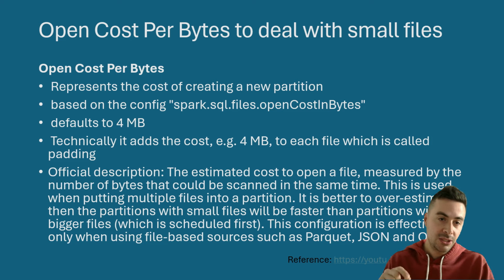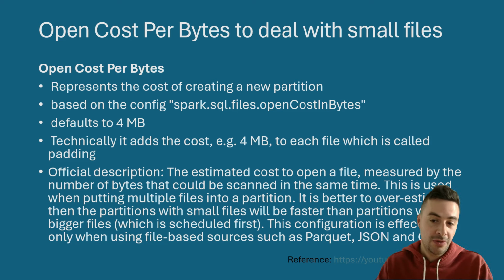But what this openCost is doing to the second and third file is it adds the cost of having an additional file. So those 40 megabyte files then virtually become 44 megabytes. So it's 40 plus 44 plus 44. In this case, it's still 128, so it would fit. But now imagine that with very small files, which are bytes or kilobytes big. If you didn't have this parameter, we would add kilobytes of files up to 128 megabytes. Then we would have thousands of files in one partition, which would create an overhead.